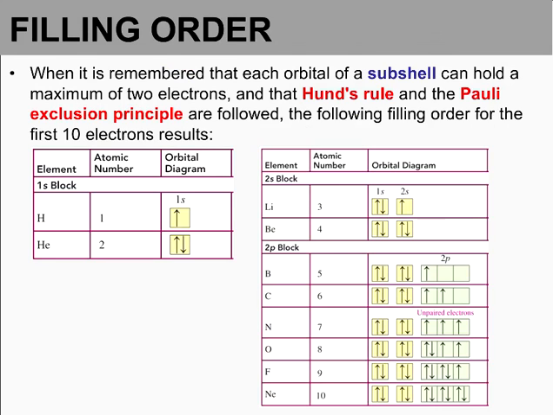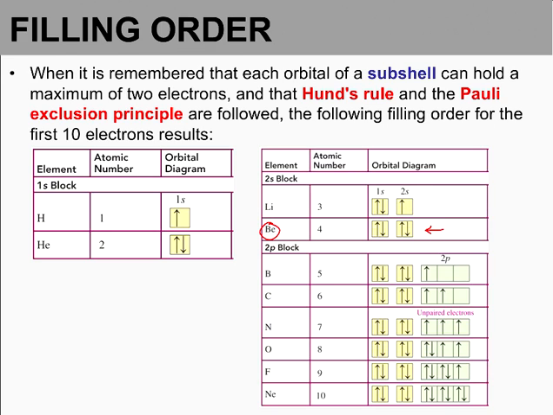So let's look at beryllium. Beryllium has 4 electrons because its atomic number is 4, and its orbital diagram looks very similar to lithium's, except we have 1 extra electron in the 2s orbital. So now we have 2 sets of paired electrons.